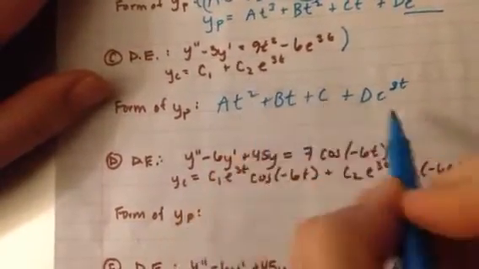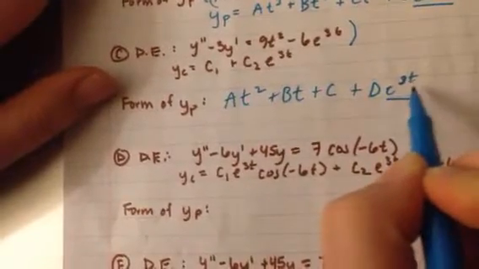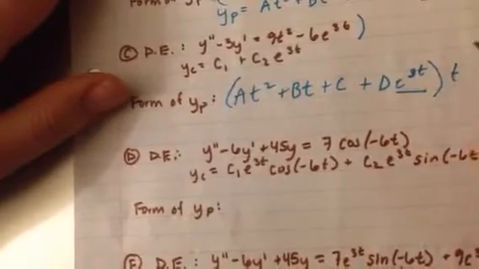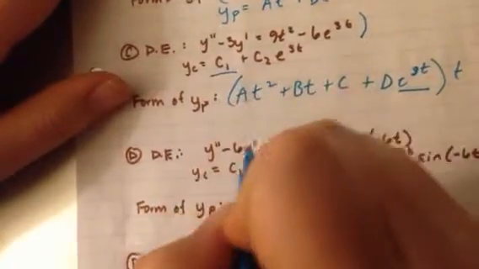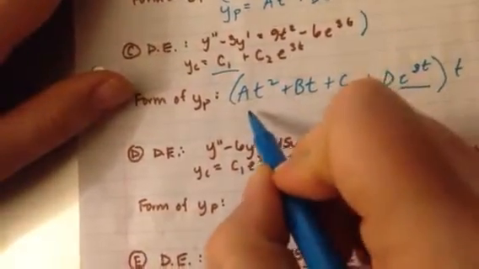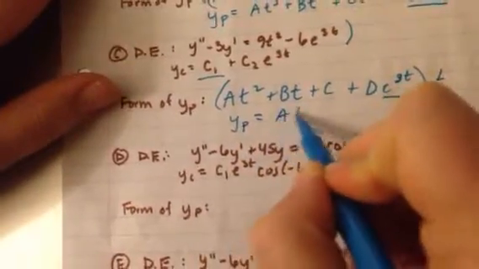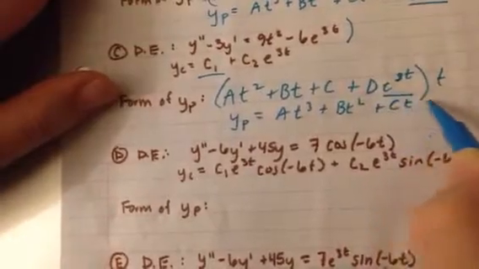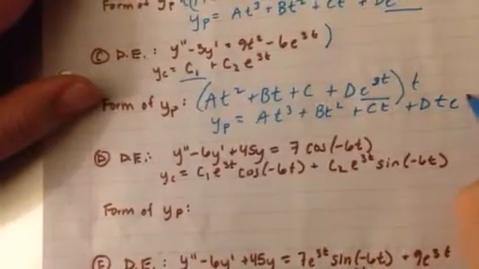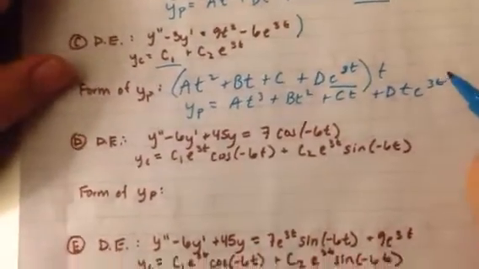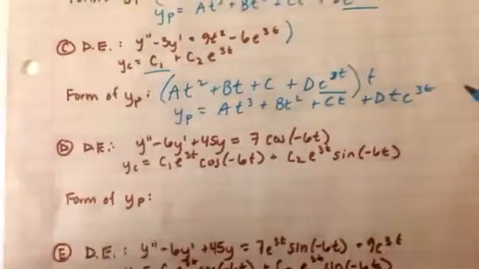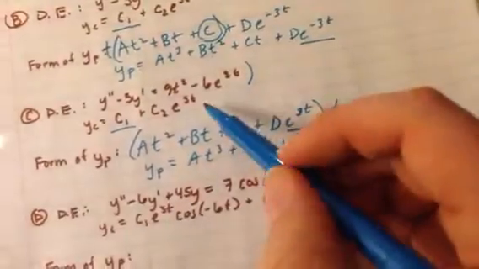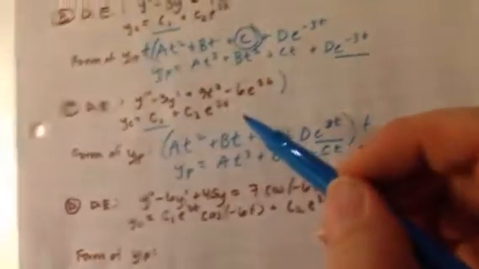And with this one, since this e is raised to 3t, we will have to multiply this whole thing by t, since we still have that constant term there. So this one, yp equals at cubed plus bt squared plus ct plus dt e to the 3t. So it's not so bad as long as you're paying attention to what terms are already in our answer, yc.